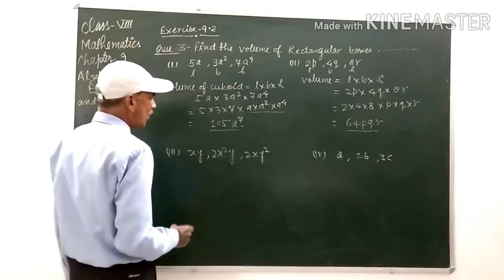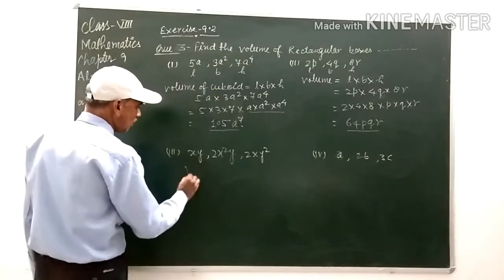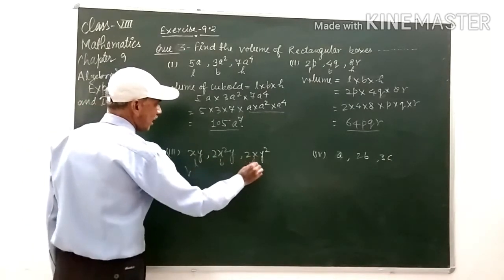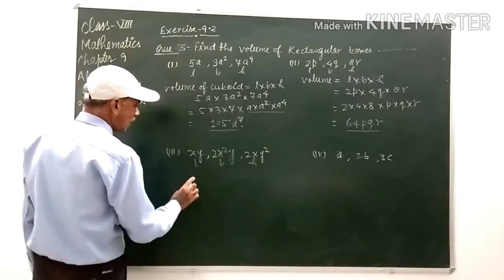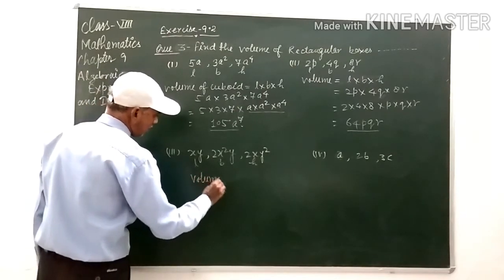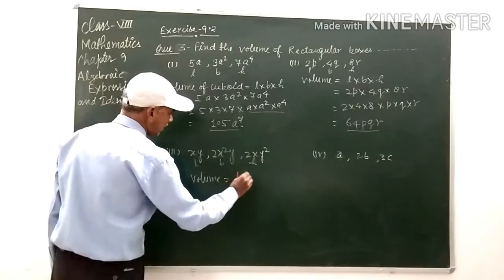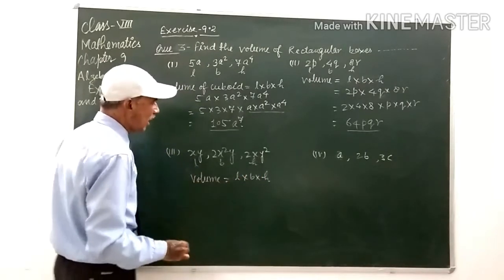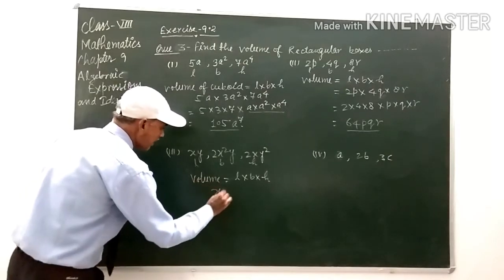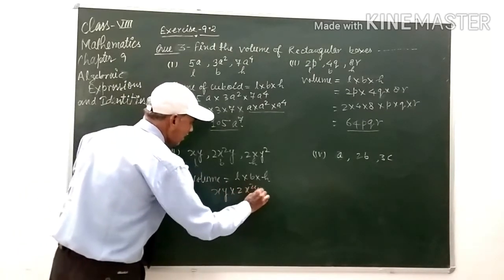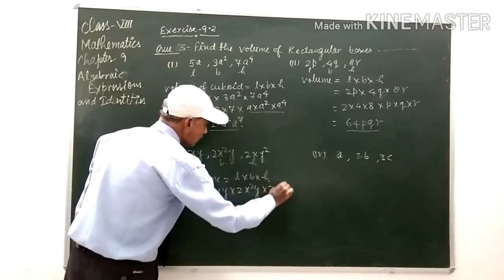And third part of this question, volume, first take this one length, width and height. Okay, so volume will be L into B into H, length into width into height, that is xy into 2x square y into 2xy square.